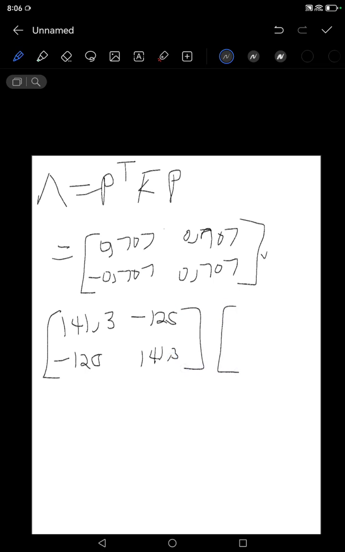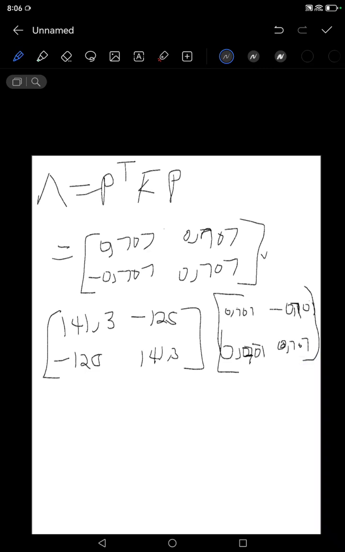And then our P was 0.707, negative 0.707, and here 0.707, and also here 0.707.